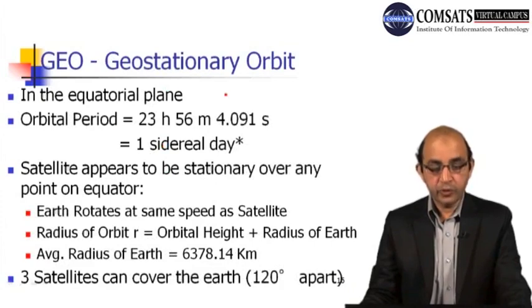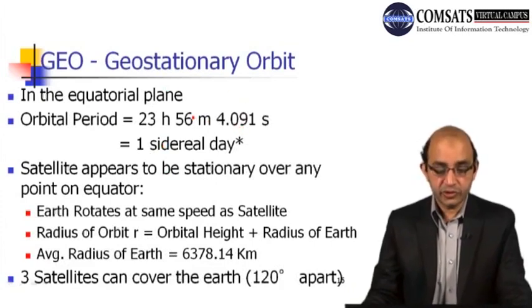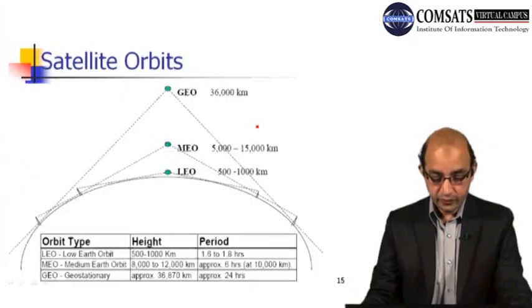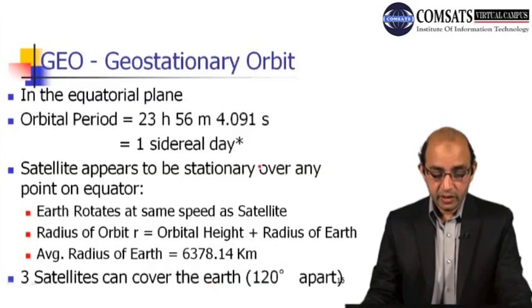So here we have more details regarding geostationary orbit. Equatorial plane orbit period is 23 hours 56 minutes, so it's 24 hours. That's why we have approximately here, because of 56 minutes 4.091 seconds.